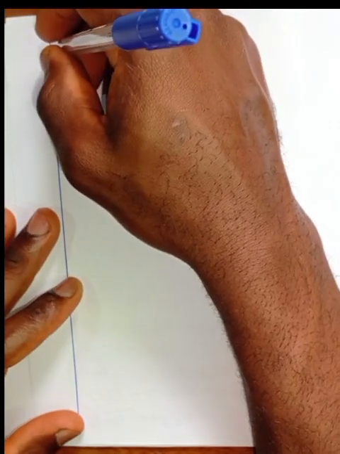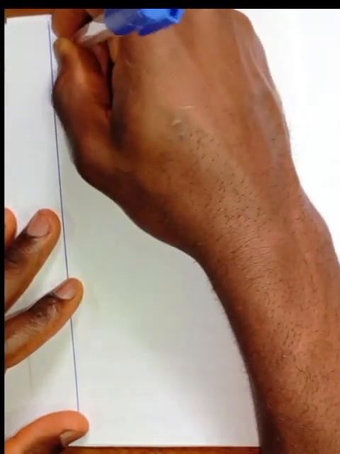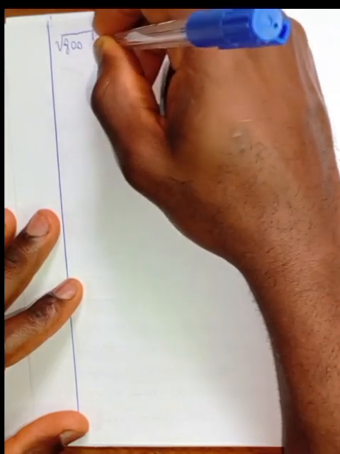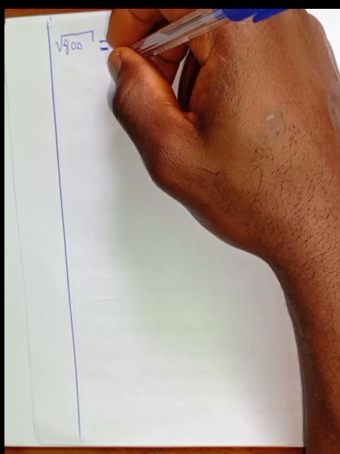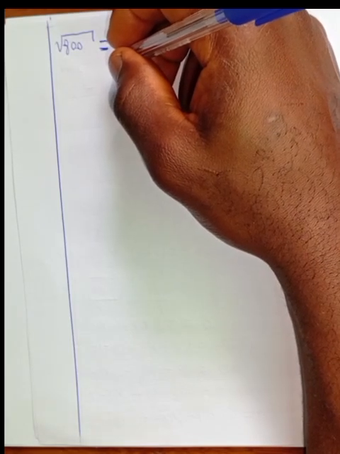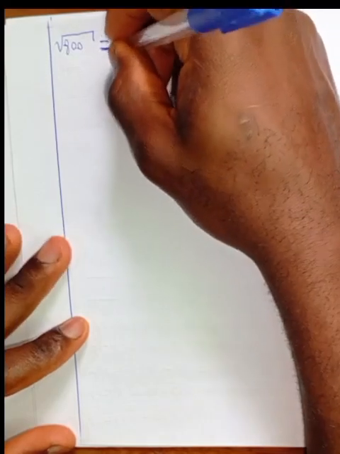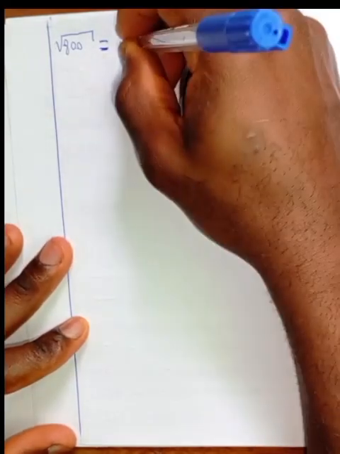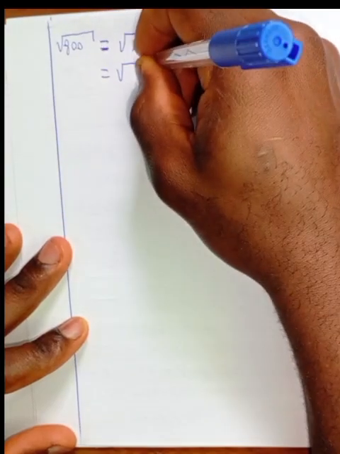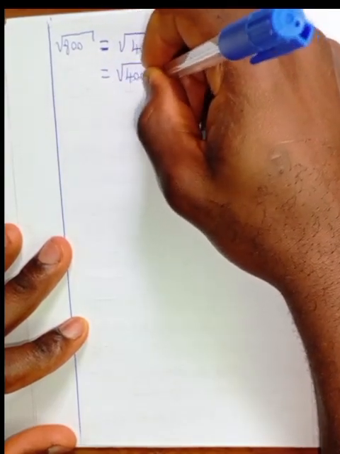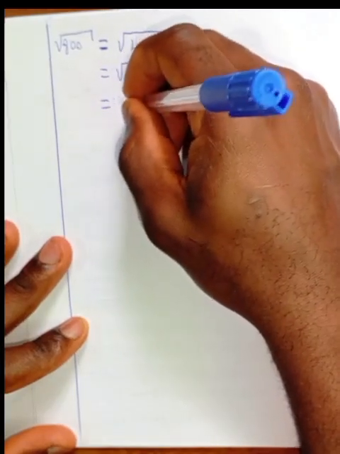So this will give us, if we take root 800, this will simply be equal to, we know expressing 800 as a product of two numbers such that one of them is a square number, we can express 800 as 400 times 2. So this will give us the root of 400 times 2. This will be equal to root 400 times root 2. We know the root of 400 is 20.